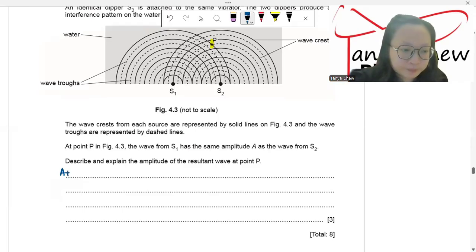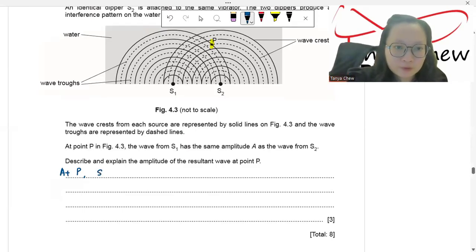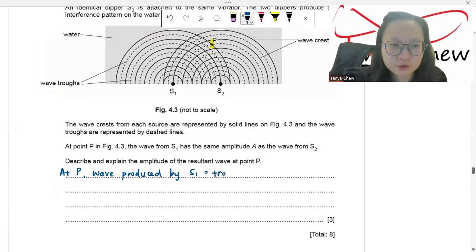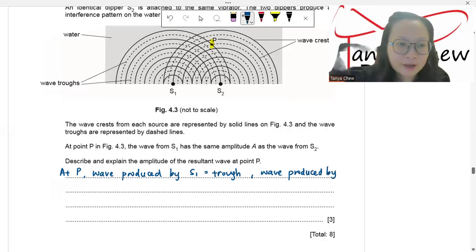At P, the wave produced by S1 is a trough. I just put it first. The wave produced by S2 is a crest.